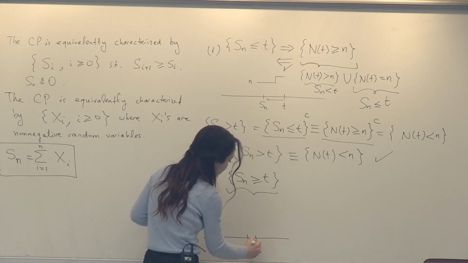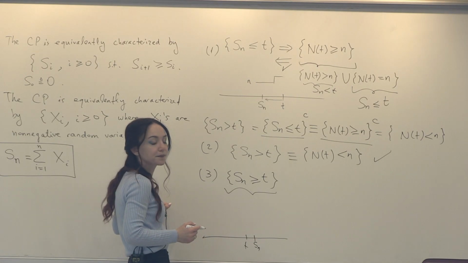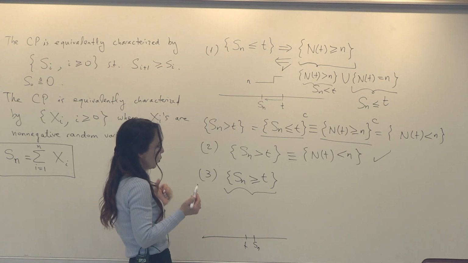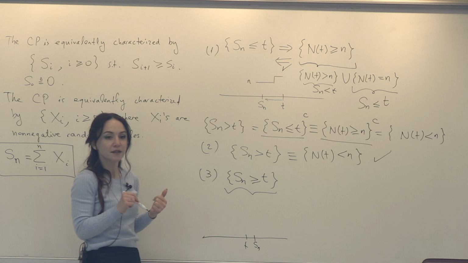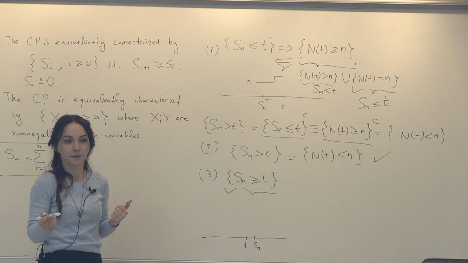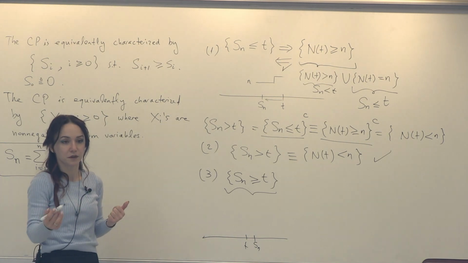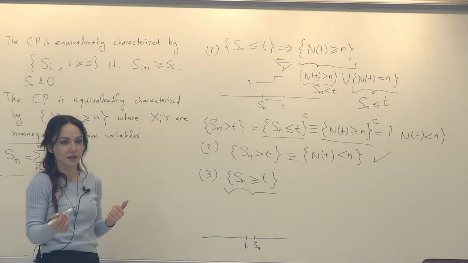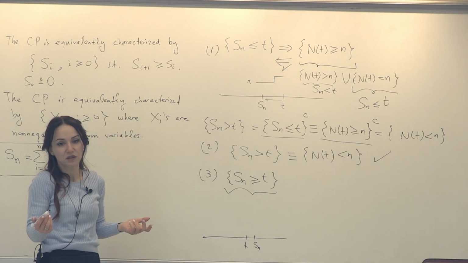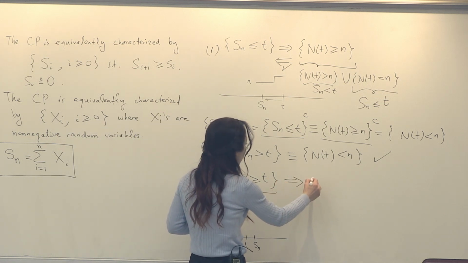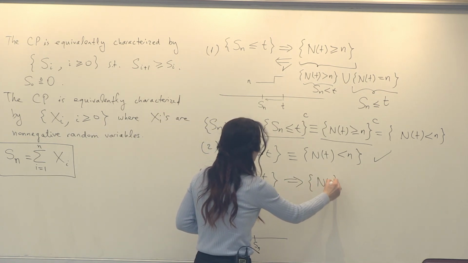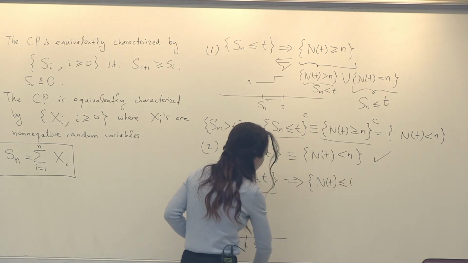So Sn is somewhere either at t or after t. All right, so what does it tell me in terms of N of t? If it happens at t, N of t is n. If it happens after, it's less. Right? So can we say that this implies that N of t is less than or equal to n?